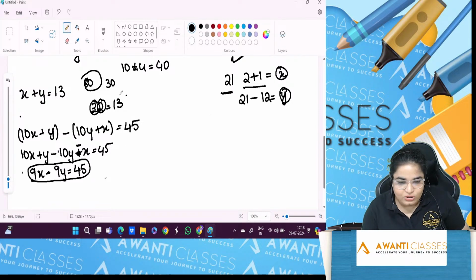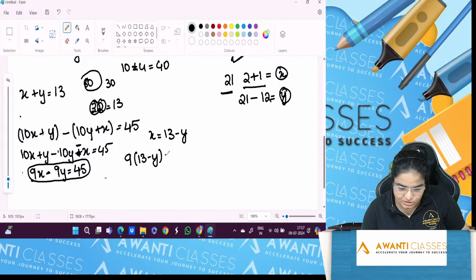Now, this is the equation that we are ending up with. Here, what did we see already? x plus y is 13. Yes or no? So, x is equal to, like we discussed, 13 minus y. In this one, instead of 9x, can I simply put 13 minus y? Yes. Minus 9y is equal to 45.